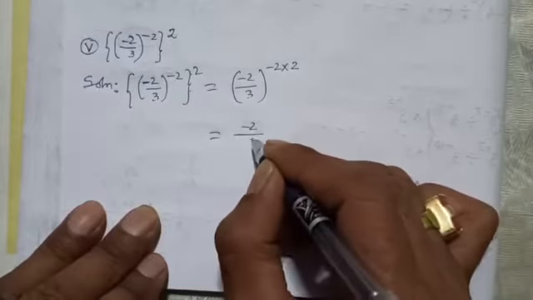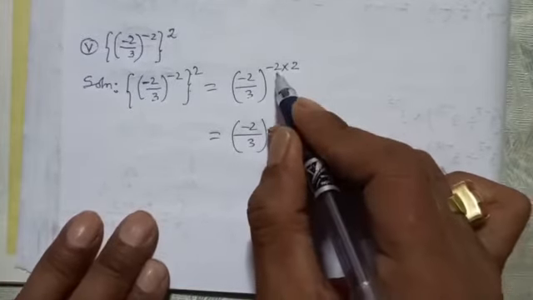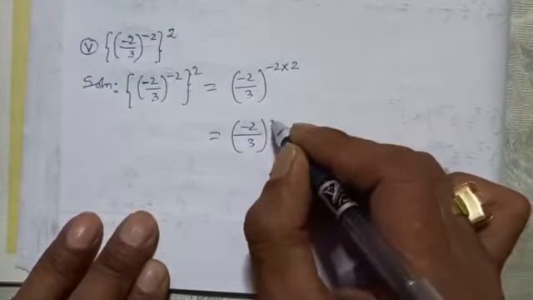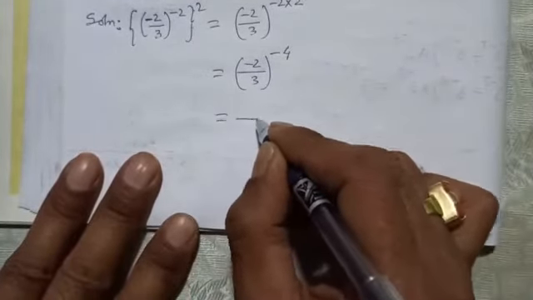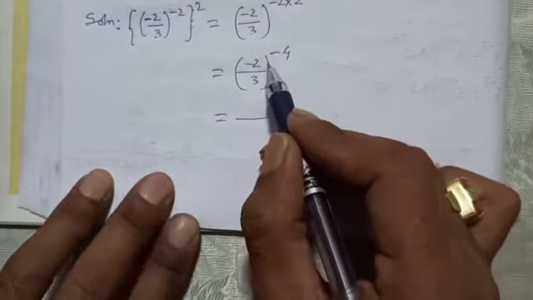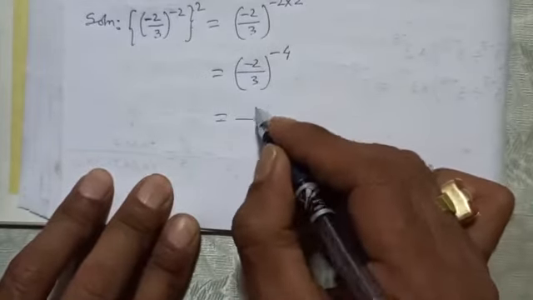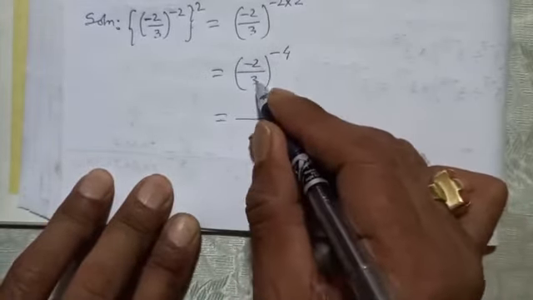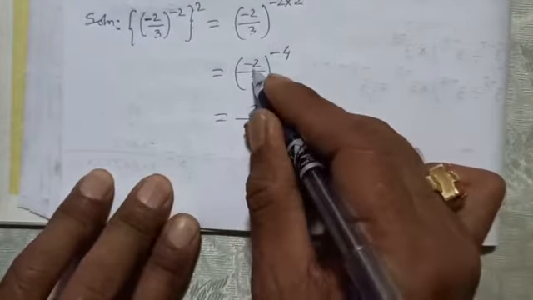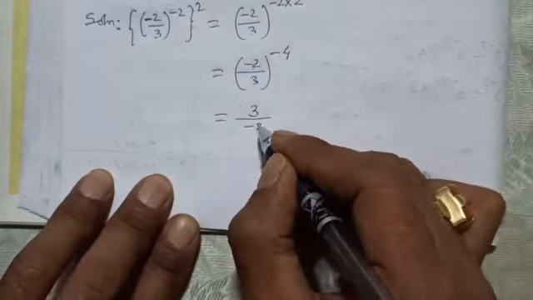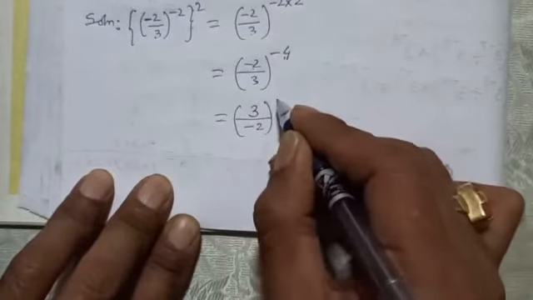Minus 2 by 3 whole to the power. If minus 2 and 2 are multiplied, then we will get minus 4. If there is minus in the power, numerator and denominator will be interchanged. Then this denominator 3 will come up to the numerator and minus 2 will come down in the denominator. Then whole to the power 4.